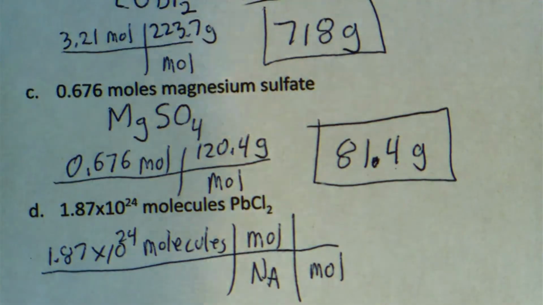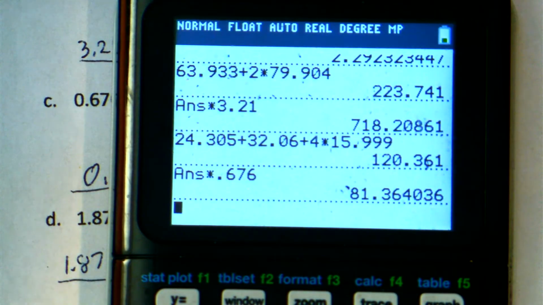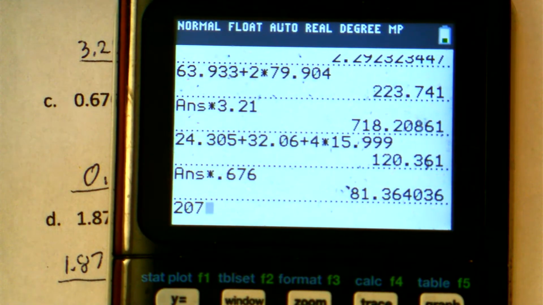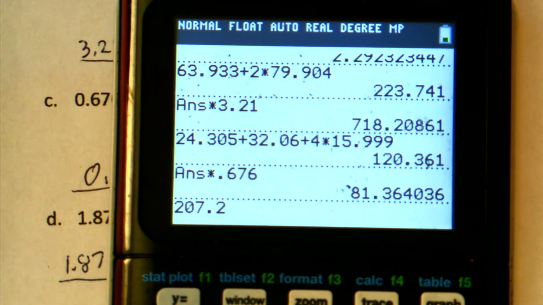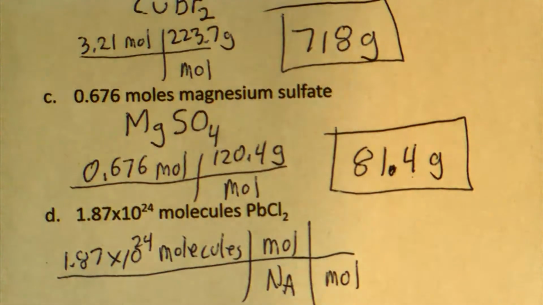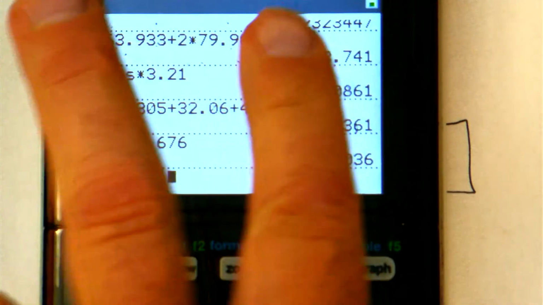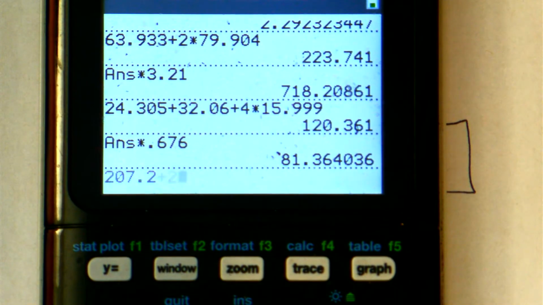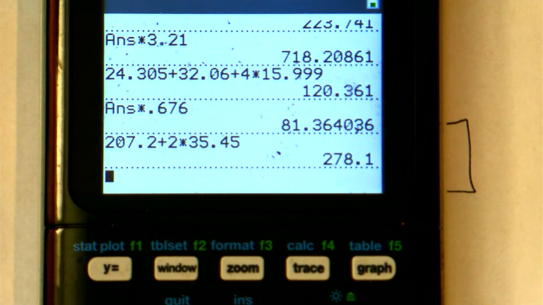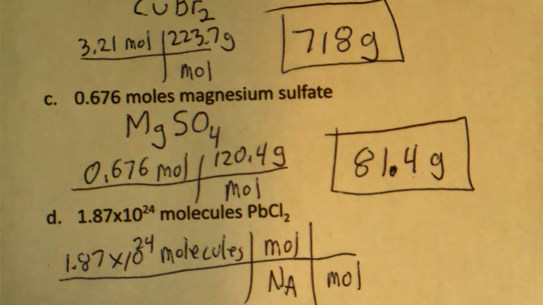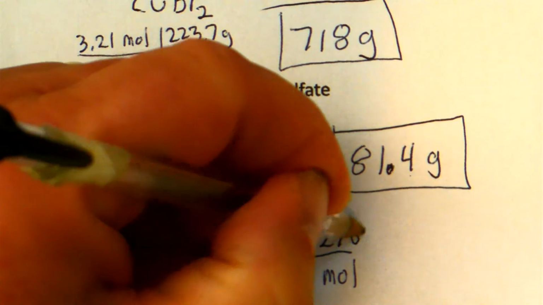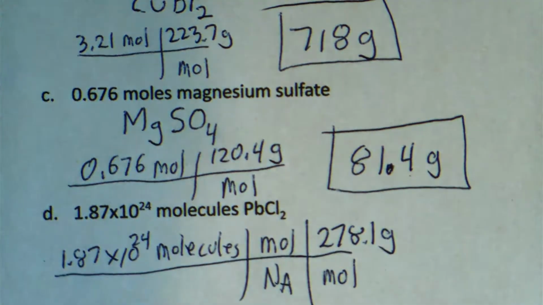Using my calculator, 1 atom of lead has a mass of 207.2, and I'm adding to that the mass of 2 chlorines, so 2 times 35.45, enter. I have 278.1 grams per mole.